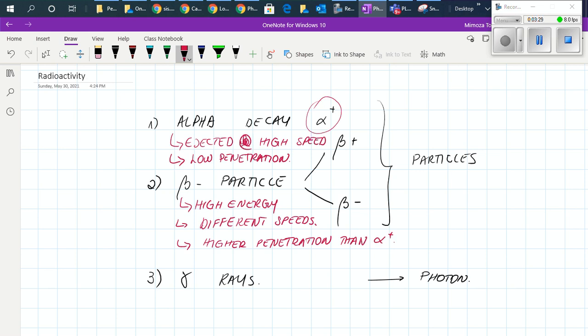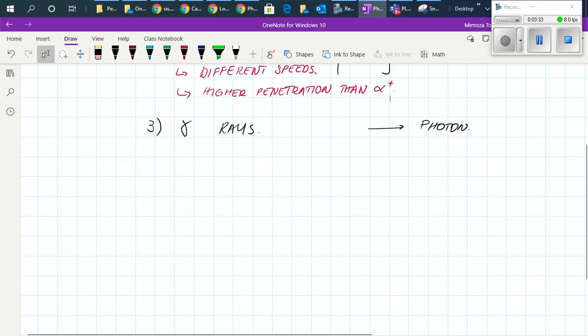But the gamma rays, on the other hand, are photons. They have a very short wavelength, and they have no charge. So gamma has 0 charge and 0 mass.